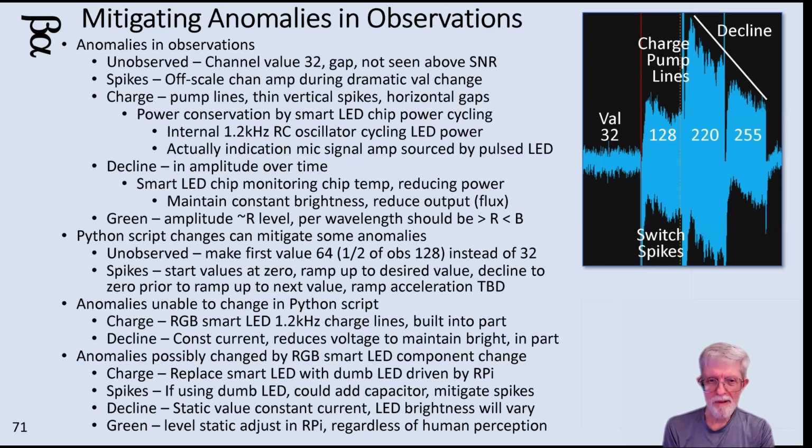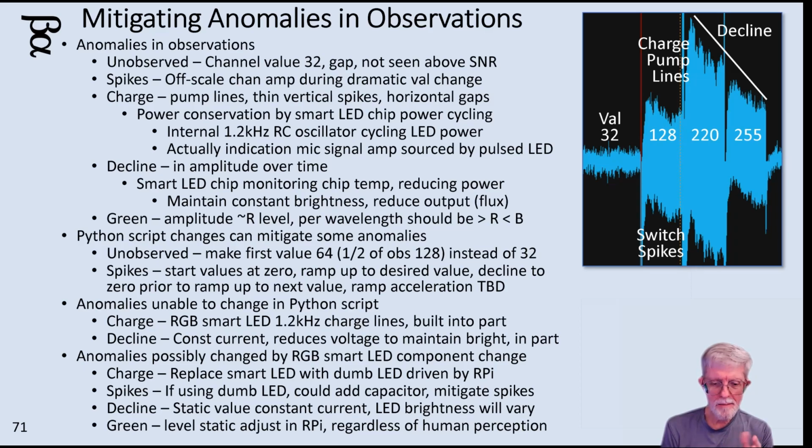The power spikes, off and on: I could start at a value of 0 and then slowly increase the voltage instead of spiking it. The charge pump lines, those thin vertical changes: I could get an LED that was a dumb LED, not a smart LED, and I could drive it directly.